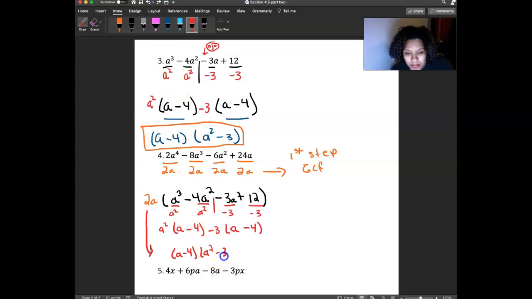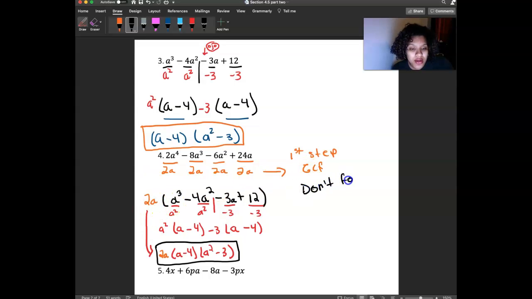And my GCF must come down because it is part of the answer. With examples like this, the number one part where the students struggle is that they forget to bring down the GCF. Don't forget the GCF. Write it there.